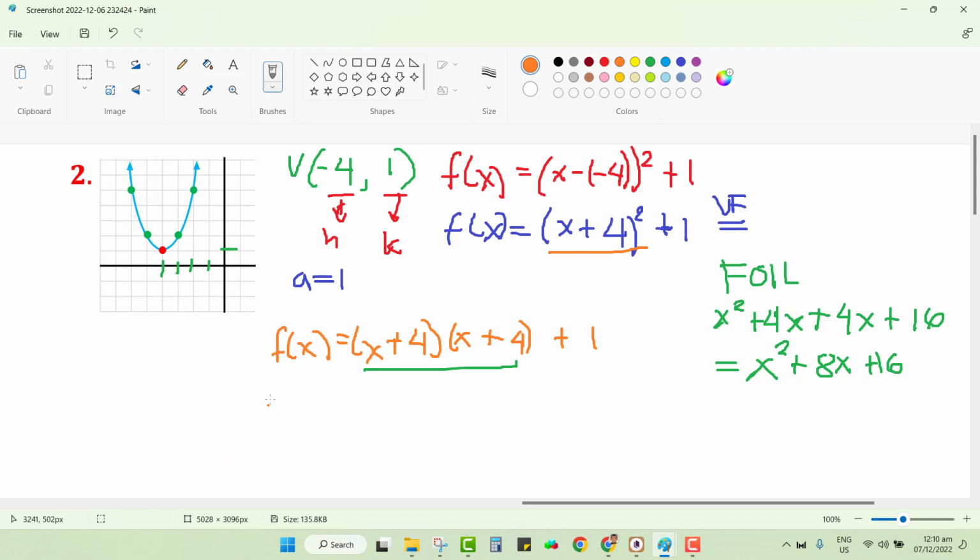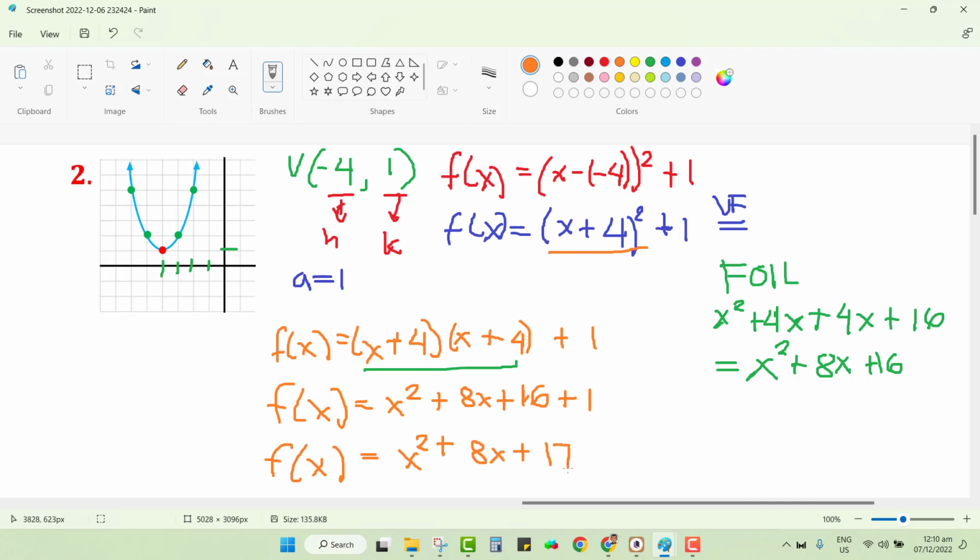Our next part is when we return to that value, x squared plus 8x plus 16 plus 1, which should not be forgotten. In short, our final standard form is x squared plus 8x plus 17.